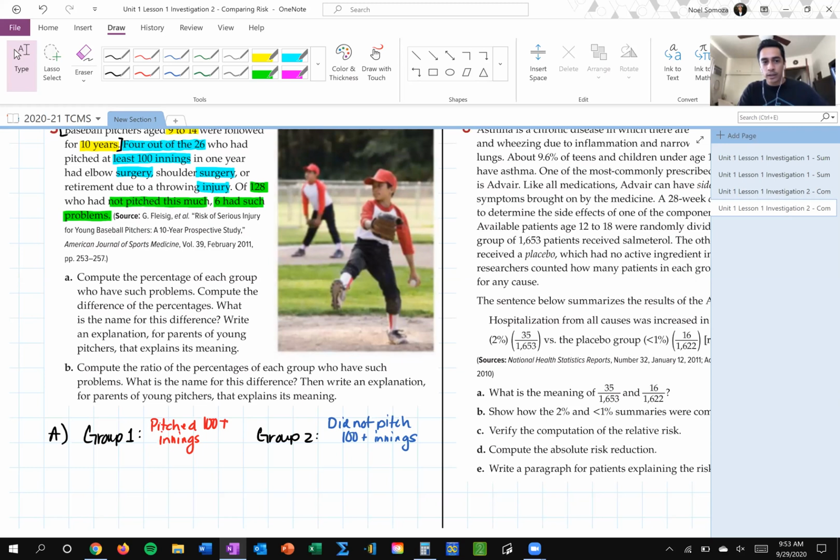So reread that. For those that did pitch 100 innings, how many were in the sample size and how many of those were getting hurt in the long term?